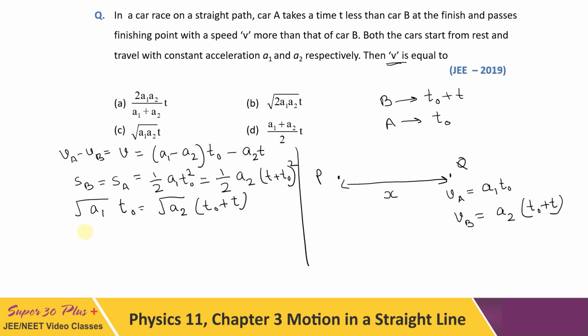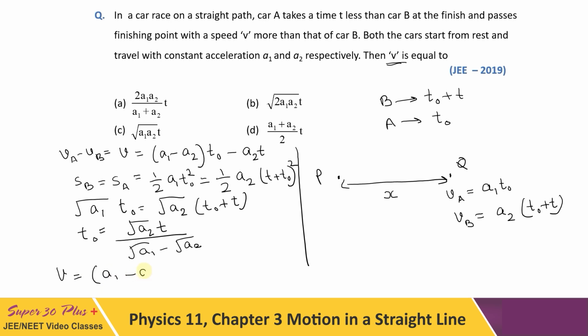On solving, t0 will come out as root under a2 t divided by (root a1 minus root a2).